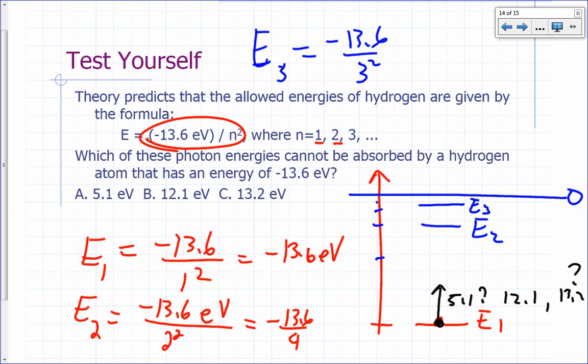Which of these cannot be absorbed? You have to figure out what E2 and E3 are. So if you have 5.1, what would it be? Looks like I just gave you the answer. 13.6 plus 5.1, what would it take it to?